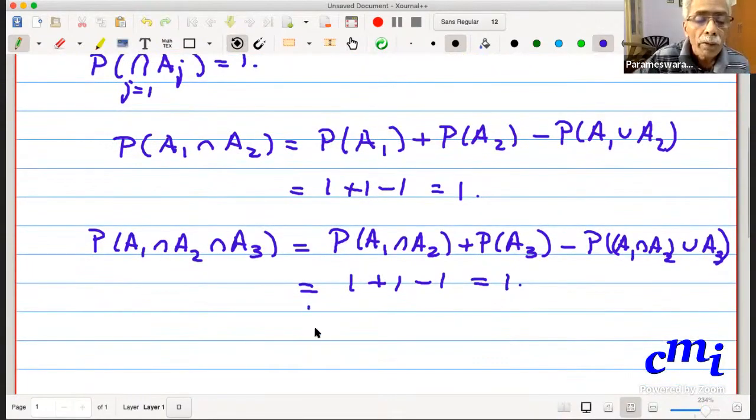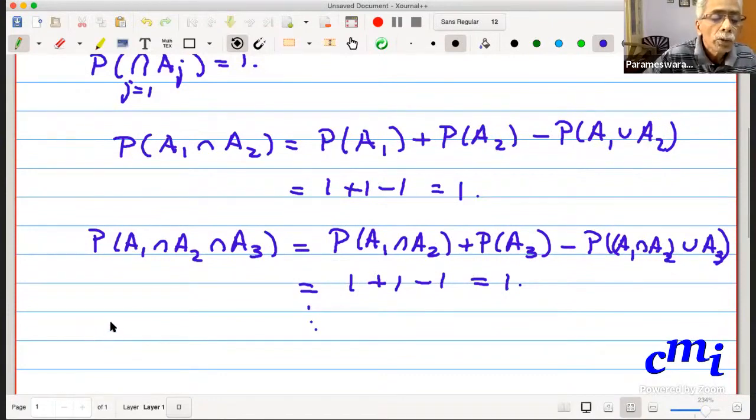If you want, you can write a general formula for A1 intersection A2 up to intersection An in terms of all these multiple intersections of various collections. But let's not worry. You can do it more elementarily like this.